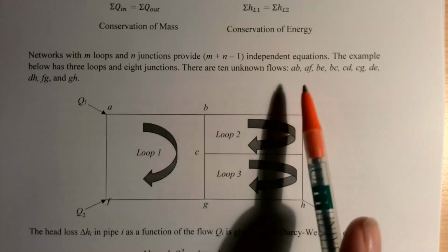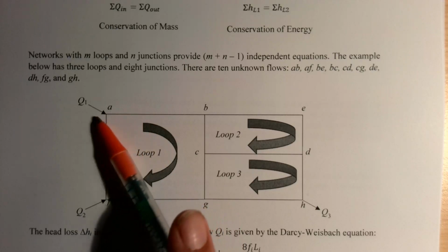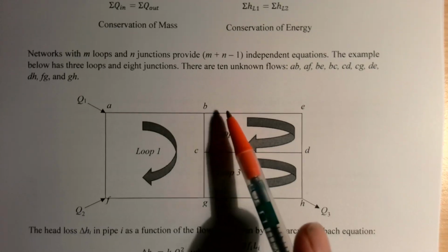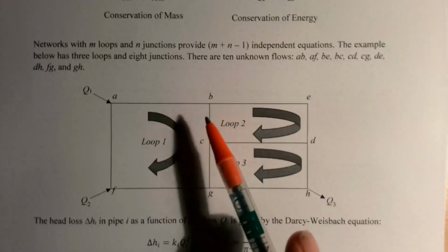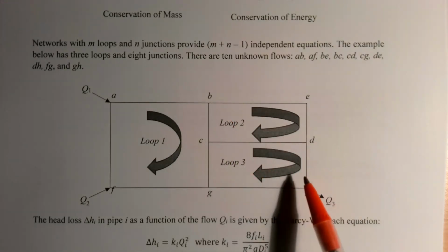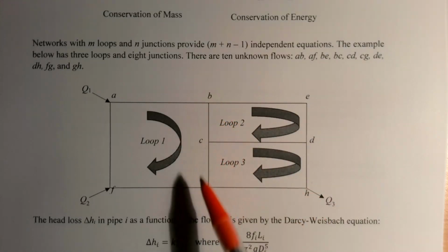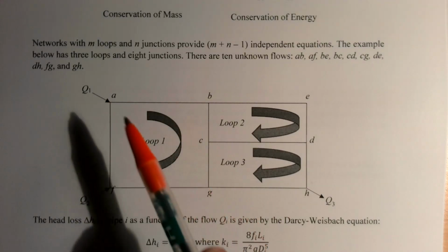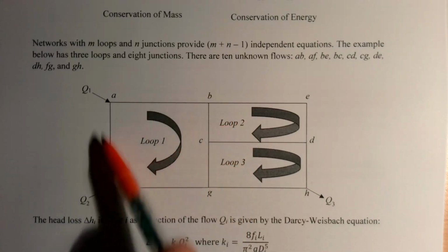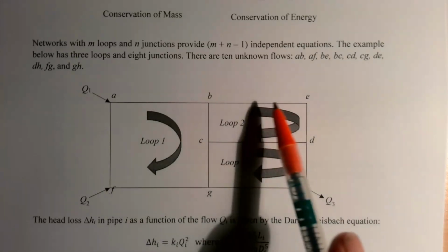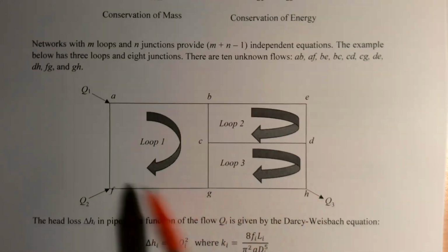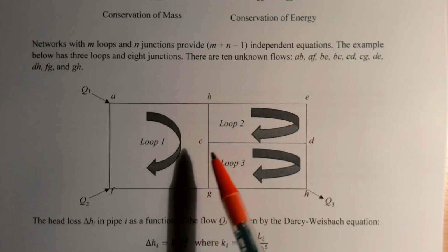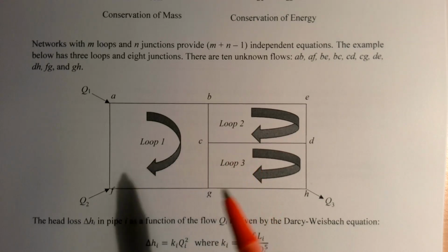Okay, so in this one there are 10 individual pipes. 1, 2, 3, 4, 5, 6, 7, 8, 9, 10. So there's 5 here around this loop, and then 6, 7, 8, 9, 10. 10 different pipes, so each of those is going to have a flow that's unknown at the beginning.